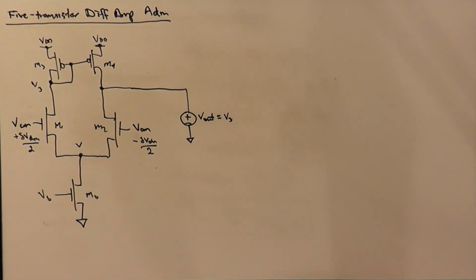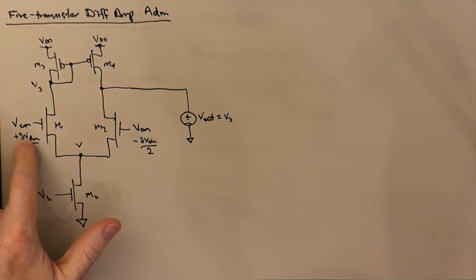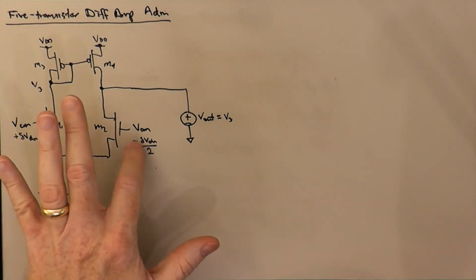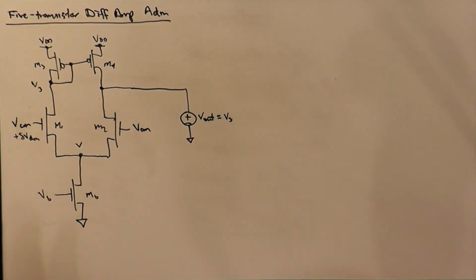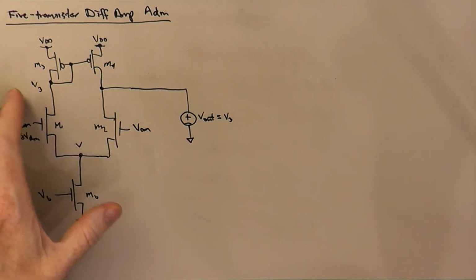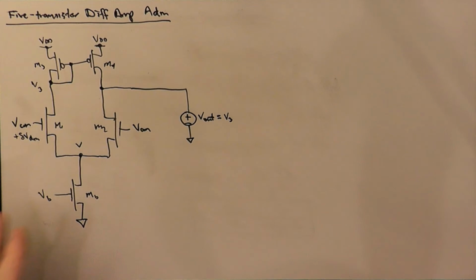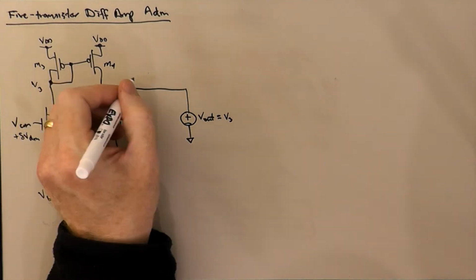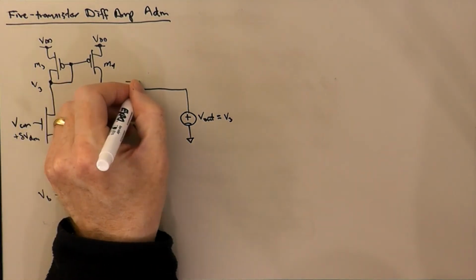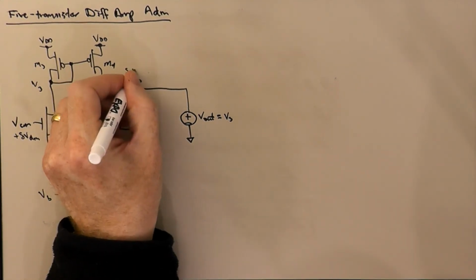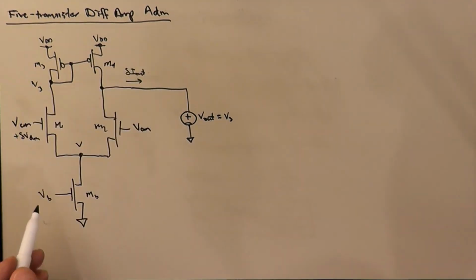And that's not too hard. It turns out we'll get exactly the same answer if we just apply it all to one side, so that's what we're going to do. If you'd like to try it yourself, applying half to this side and half to that side to convince yourself that you get the same answer, more power to you. So we're interested in what is the delta I out that flows out of the circuit when we apply our delta VDM.